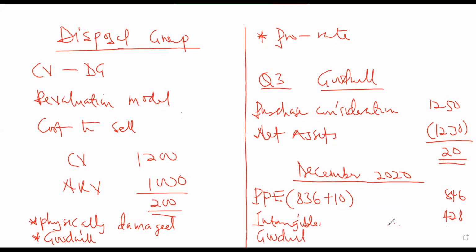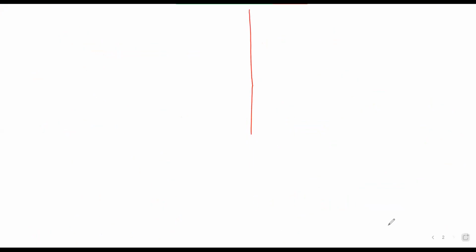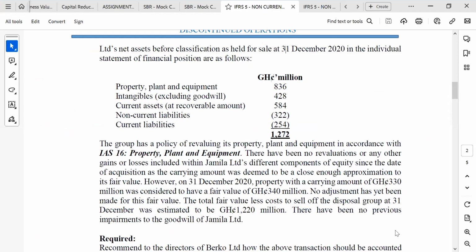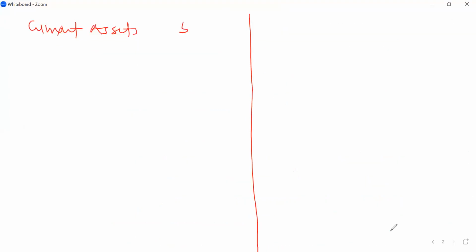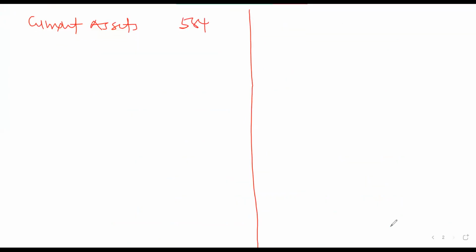The goodwill will be 20. Then you bring the current assets. What is the value of the current assets? 584. Then we have current liabilities.